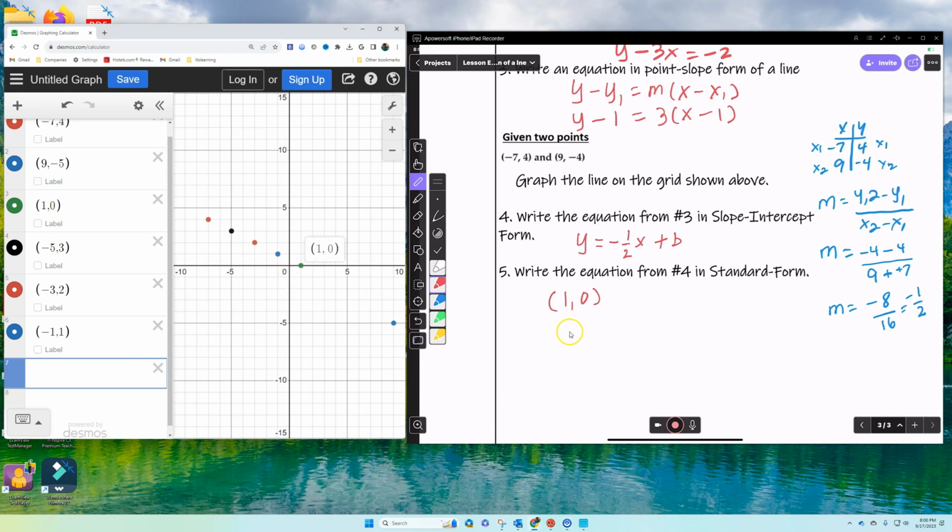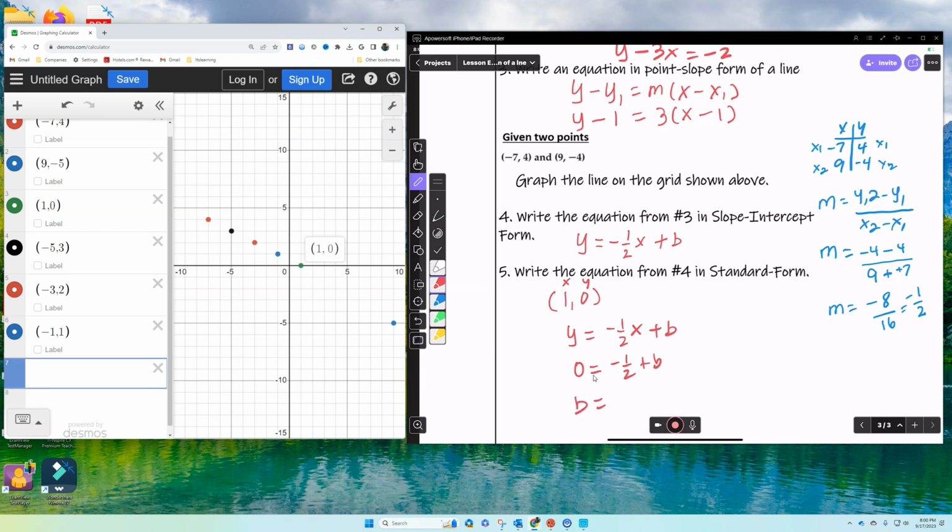It's on the line. And remember that this is x and this is y. So I'm just going to substitute. I have y equals negative 1/2 times x plus b. X is 1, y is 0, so 0 equals negative 1/2 plus b.